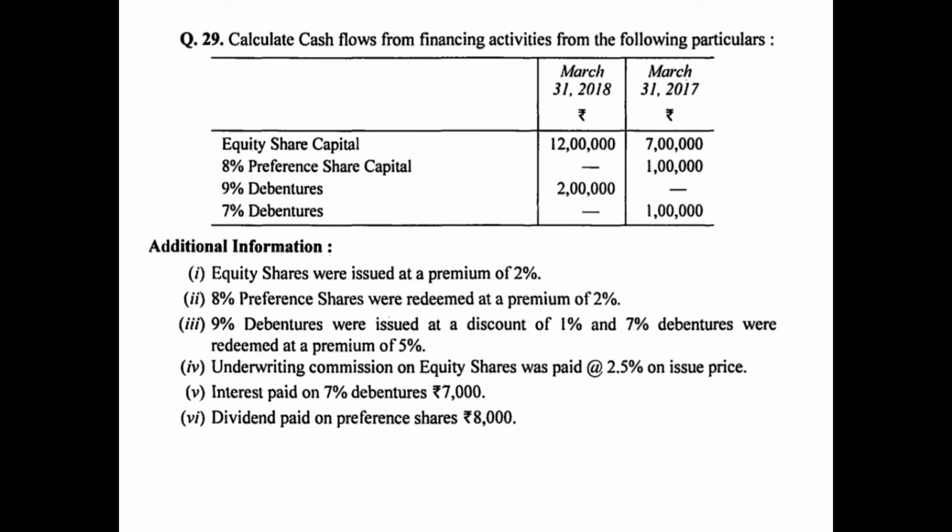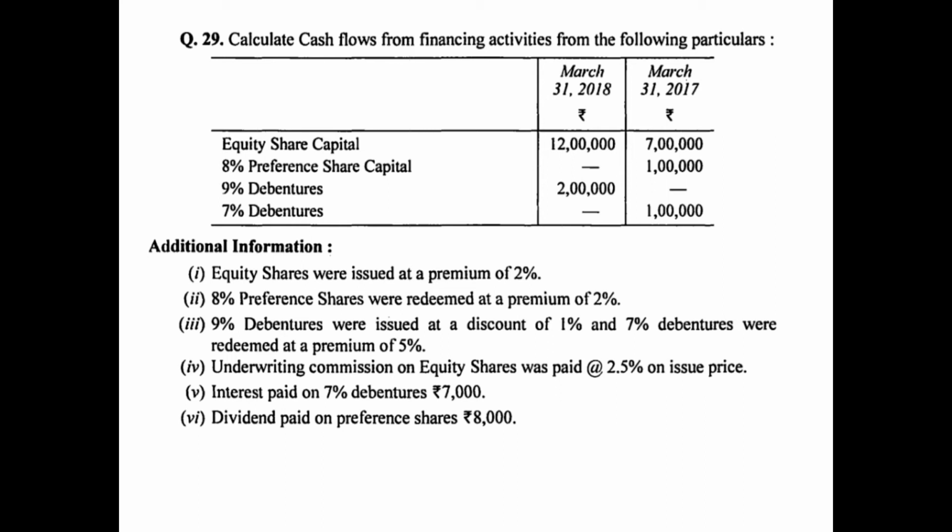That means it is an issue. And the additional information says that it is issued at a discount of 1%. So 1% of 2 lakh will be 2,000. So it is issued at a discount, that means 2,000 less. So 2 lakh minus 2,000, that means debentures have been issued for the amount of 1,98,000. So this is a cash inflow and it will be added under the financing activities.